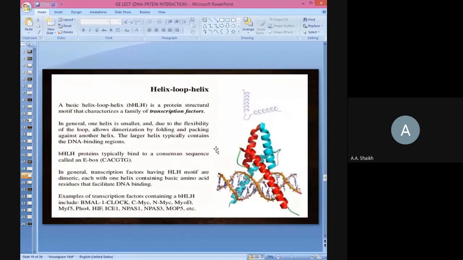So the sequence where this basic helix loop helix is going to attach with the DNA molecule is the E-box region, indicated by the CACGTG sequence. Whenever this sequence is repeated in the DNA, at that position the bHLH has the highest ability to interact with the DNA molecule. That is also a very important thing related to the helix loop helix.